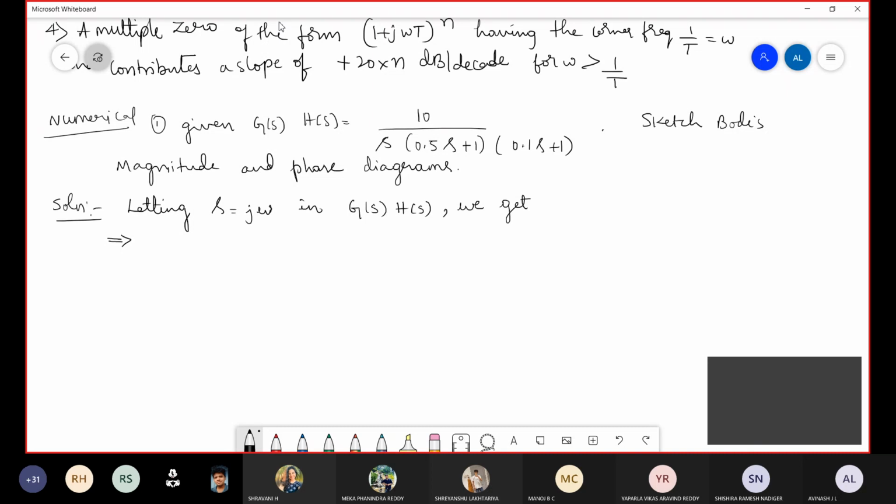So G into H of jω will be equal to 10 divided by jω(0.5jω + 1)(0.1jω + 1). So replace the s by jω. Is that clear to you?